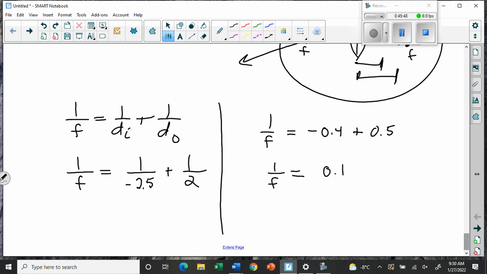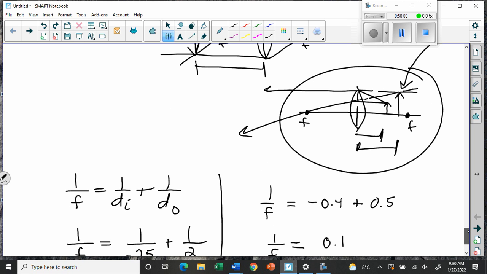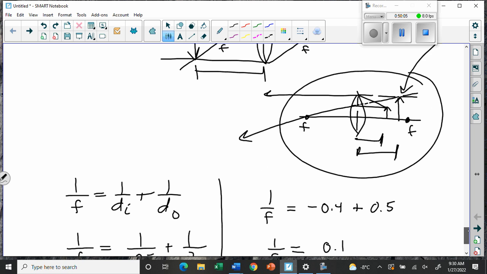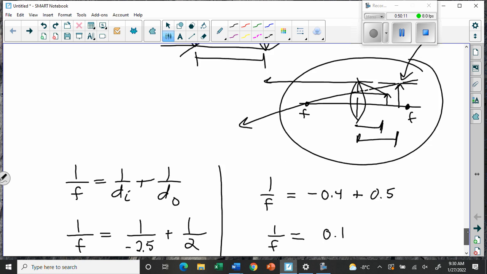And then if we flip it to get the F, we do 1 over 0.1, and we get a positive 10 as the focal length. That makes sense. A positive focal length is necessary for a converging lens. So it's a very strongly focusing converging lens with 10 as the focal length.